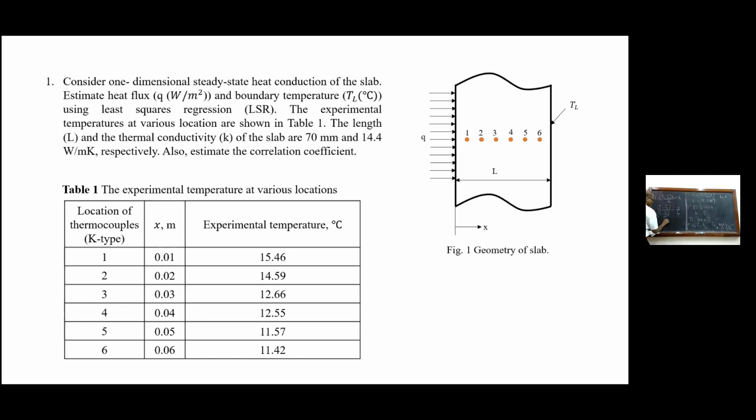Is this any good? I will check it. At x = 0, the right side is 0, T = T1. Not bad at all. At x = L, x by L is equal to 1, T = T2. Yes, it is good. So far so good.